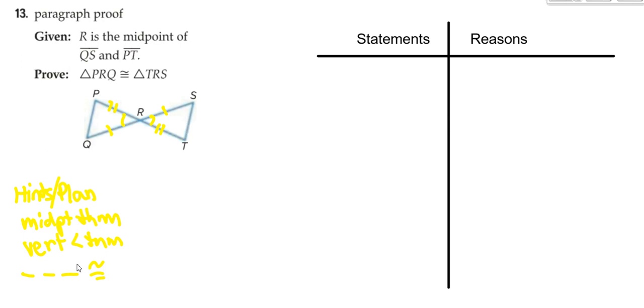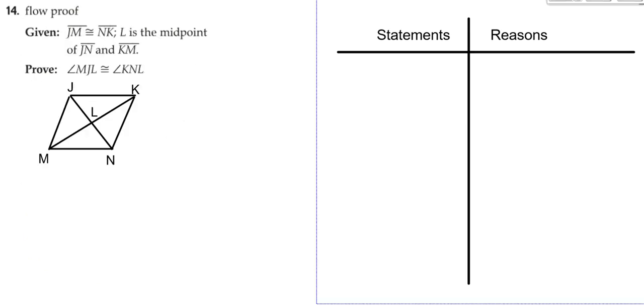Then moving along, the next one has another proof, and it says to write a flow proof, but we know that we can write whatever proof we feel most comfortable with. And so let's look at this one as well.